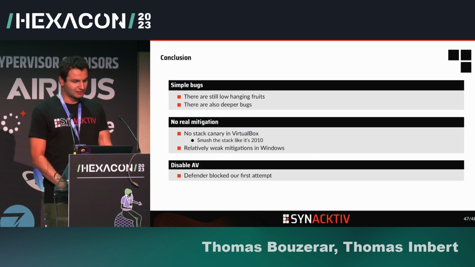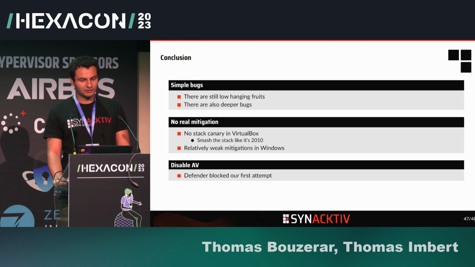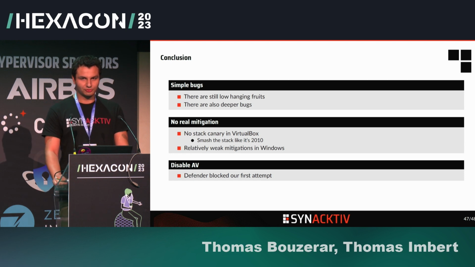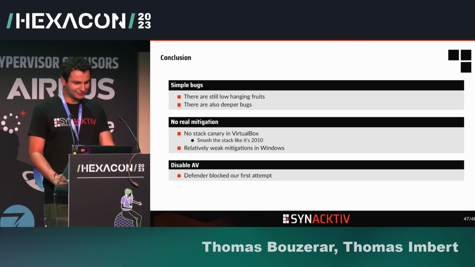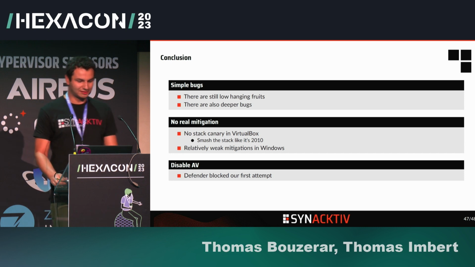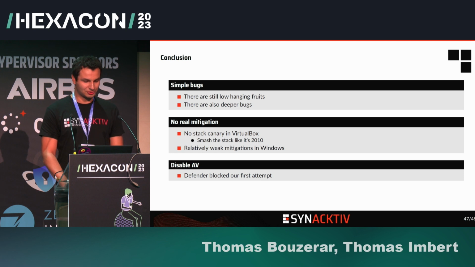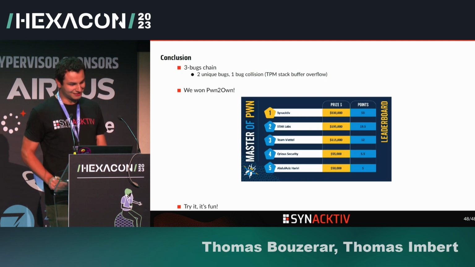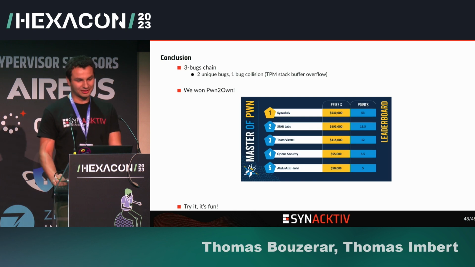And we had a 100% reliable chain, but our first attempt failed because we forgot to disable Windows Defender. Our second stage was flagged by Windows Defender because of the suspicious APIs used. So don't forget to disable it if you try Pwn2Own. In a 3-bug chain, we had 2 unique bugs and 1 bug collision for the stack buffer overflow in VirtualBox.